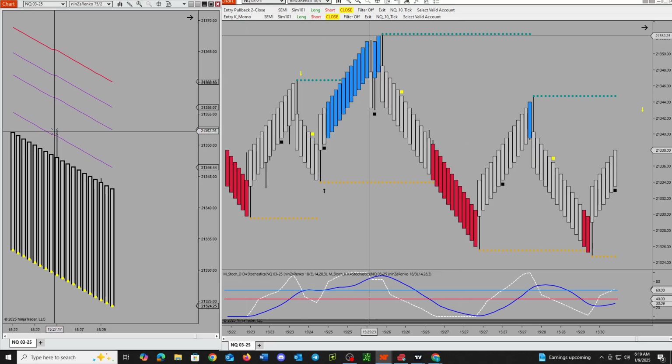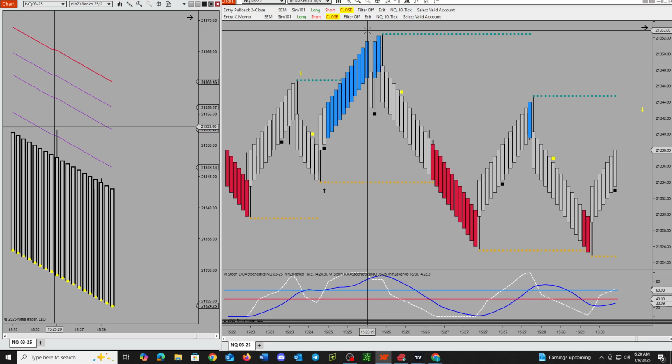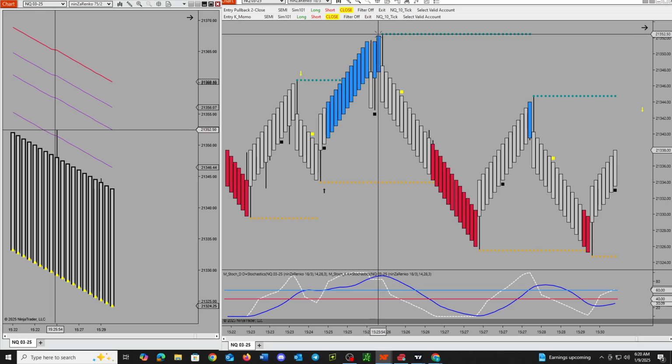So now you see where my crosshairs are on the higher time frame. Look at where the crosshairs are on the entry chart, the 18.3. It's right there. Okay?